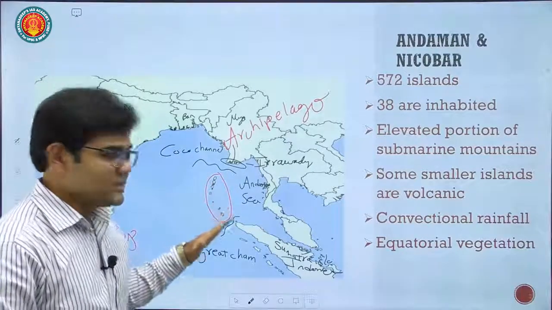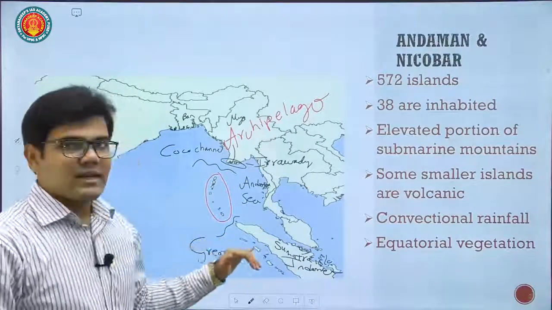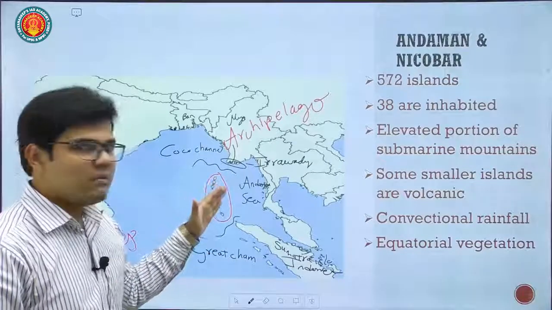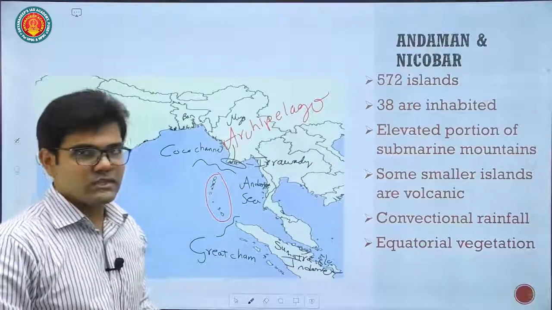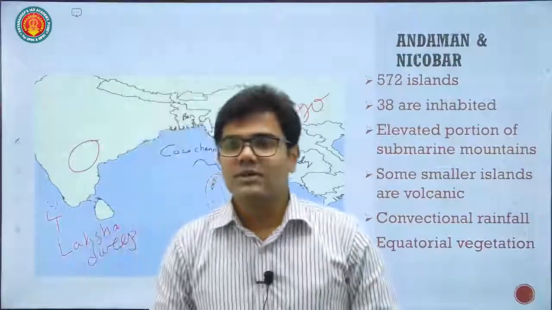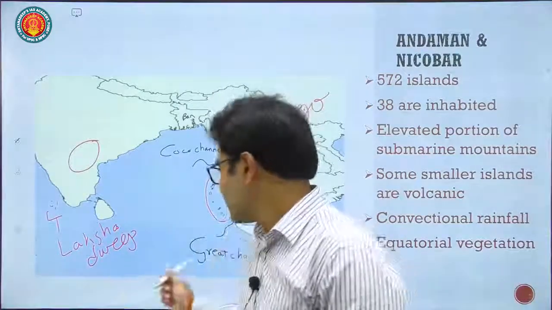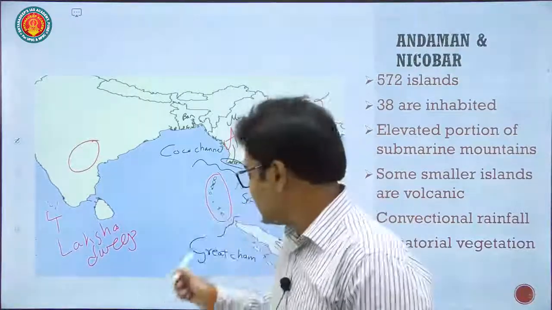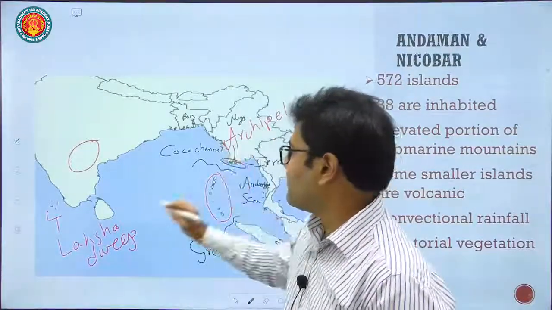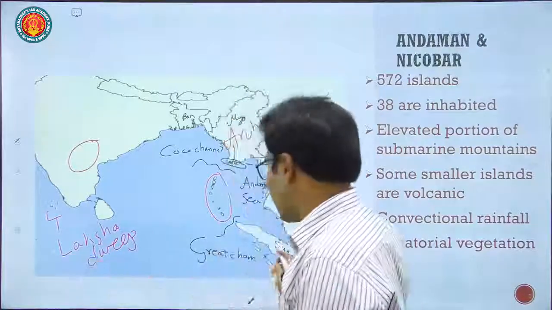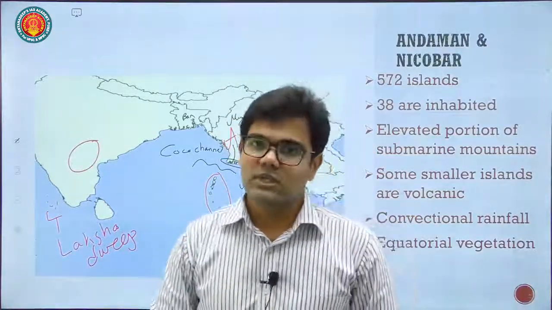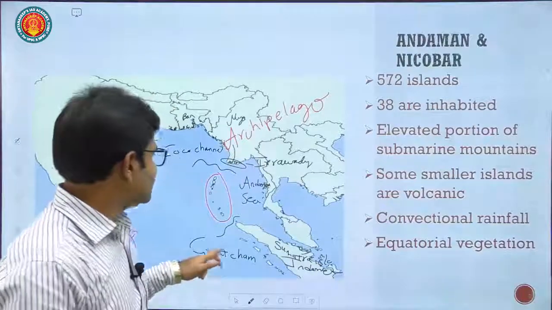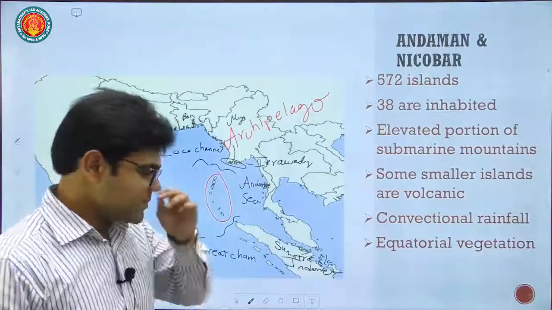In the southern direction, we have the Great Channel, which separates the Andaman and Nicobar Islands and Indonesia. A question was asked in 2019 about the Great Channel: which nation is closest to the Great Channel? The options were Myanmar, Sri Lanka, Maldives and Indonesia. The answer was Indonesia.